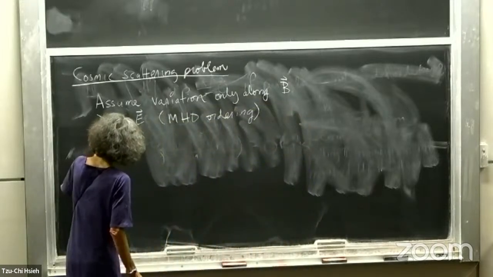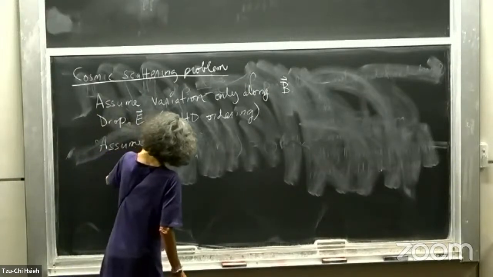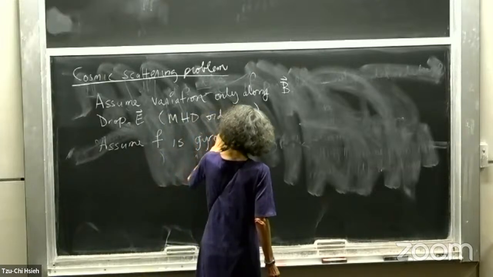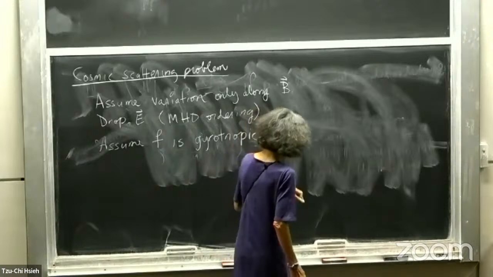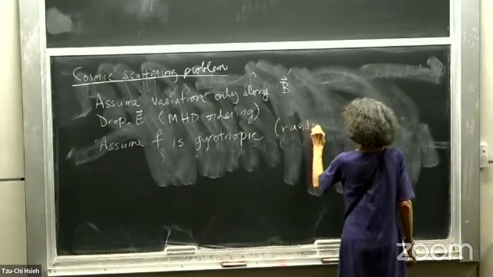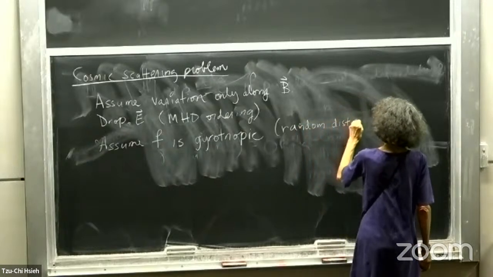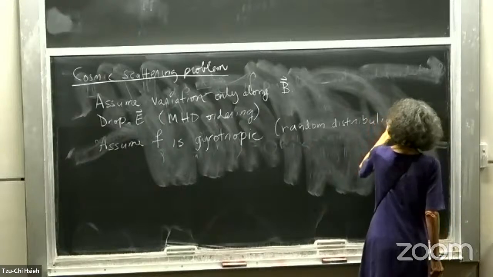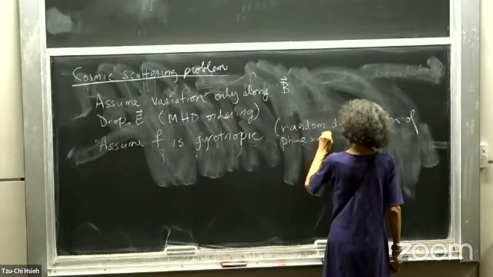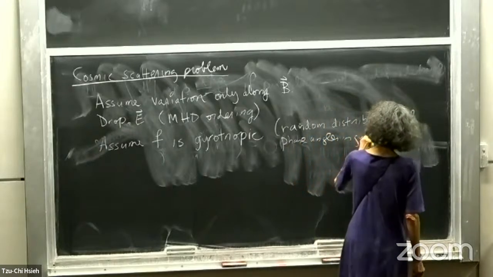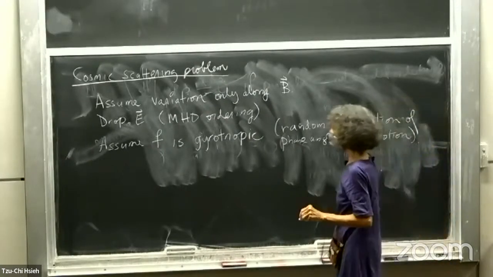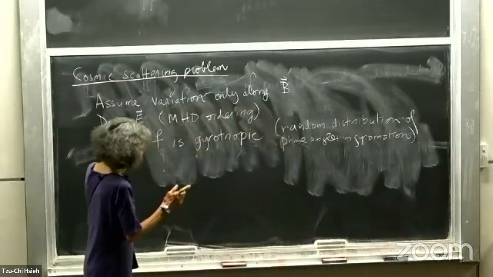And we're going to assume that F is, I'll write the word down, gyrotropic. What that means is that there's a random distribution of phase angles in the gyro motion.